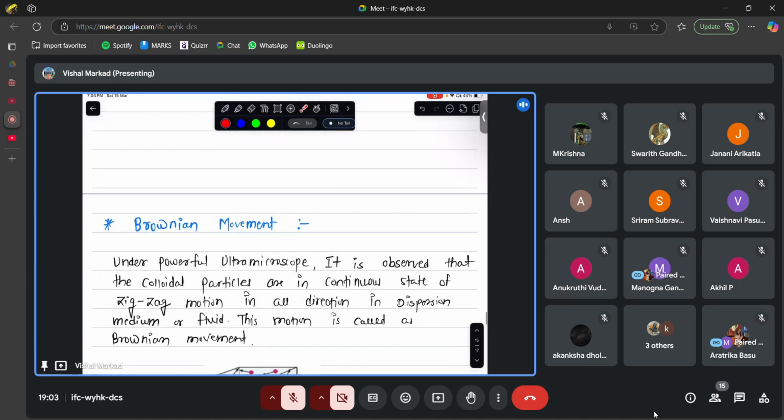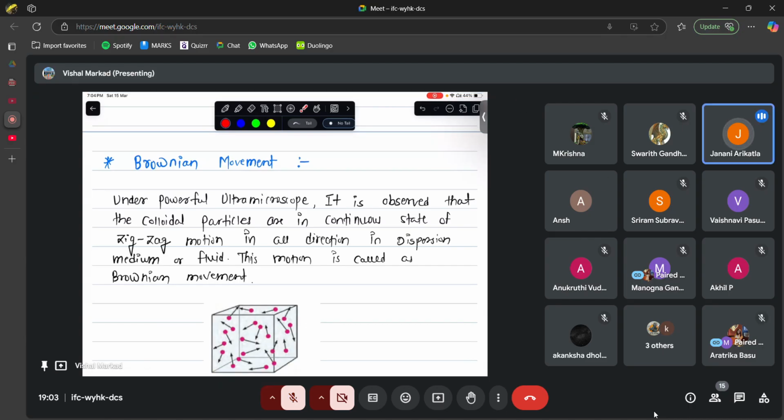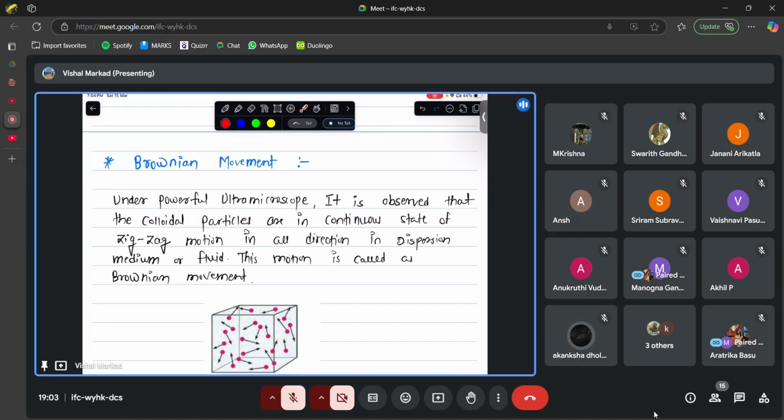And then we have some small things like Brownian movement. Now, what is this Brownian movement? Simple thing. When we talk about a solution, we have solute plus solvent. When we talk about a colloid, which two things do we consider? Disperse phase and dispersion medium.